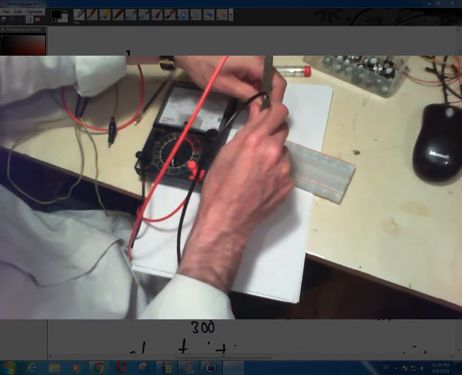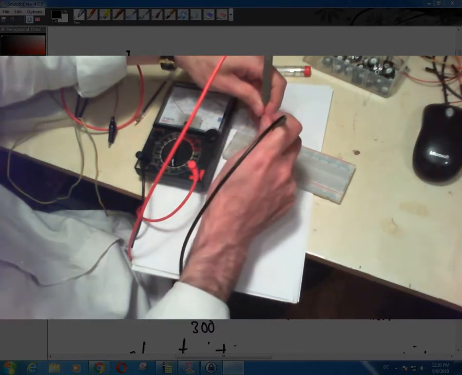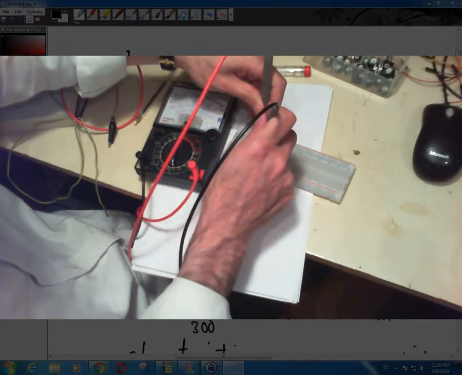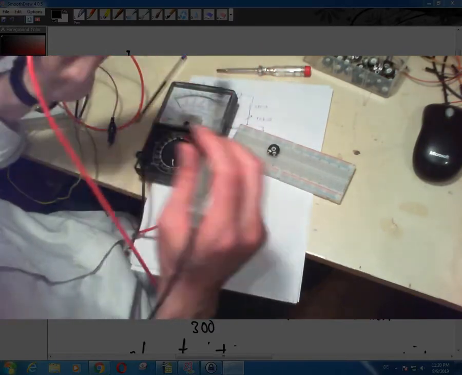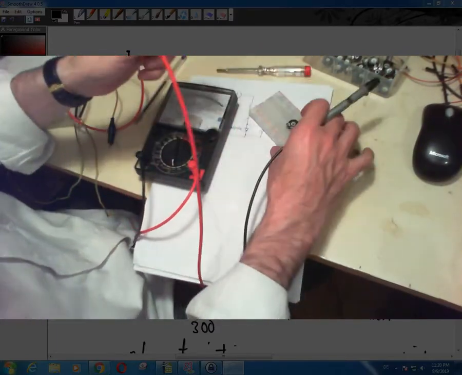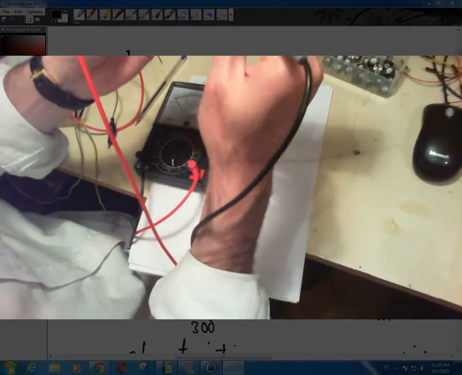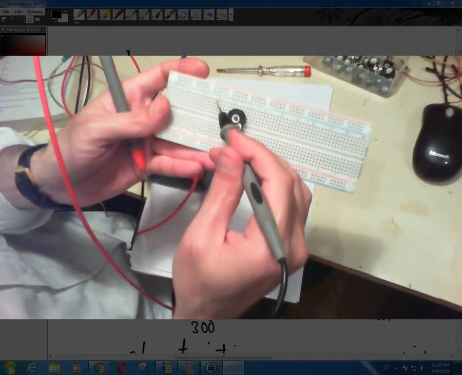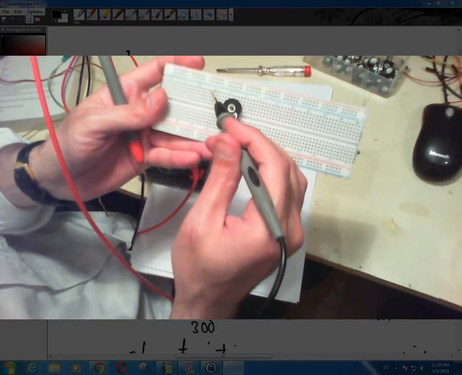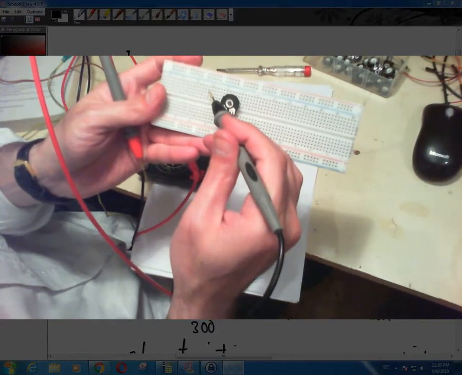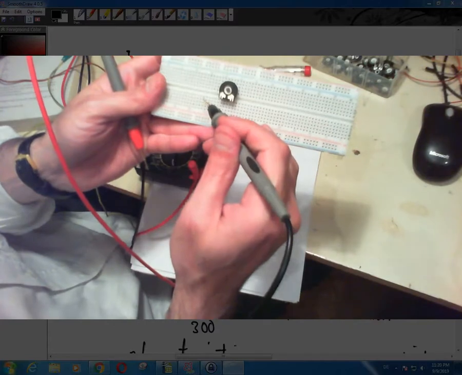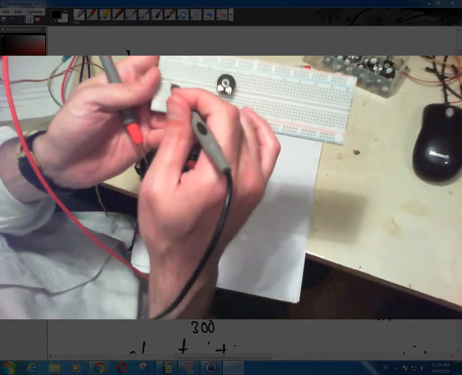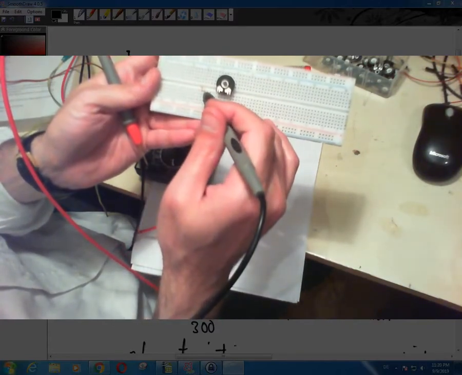You see, I'm moving to the next hole. So this hole is connected to all of these holes, but they are not connected to these holes down here. They are separated by this separator.